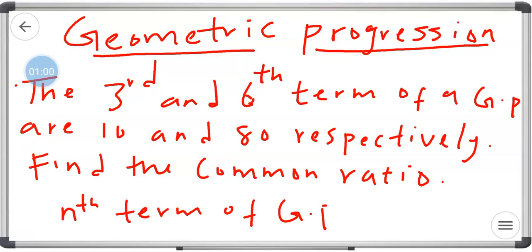Don't forget that the nth term of a GP, Tn, equals ar raised to n minus 1. So this is the formula we'll be using here. Back to the question quickly.